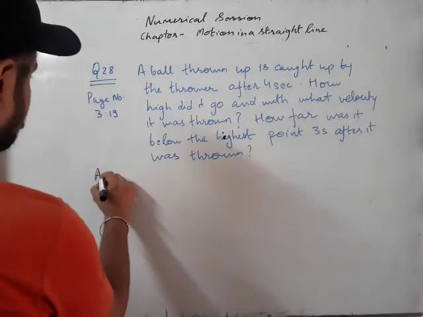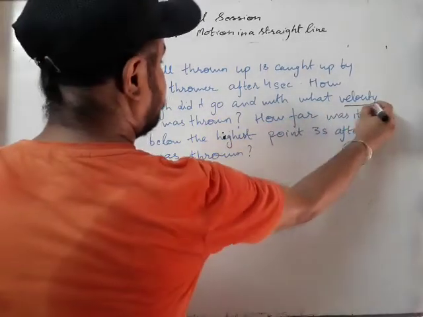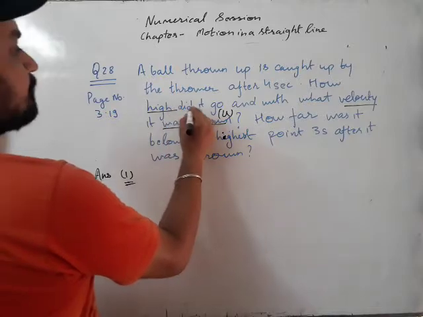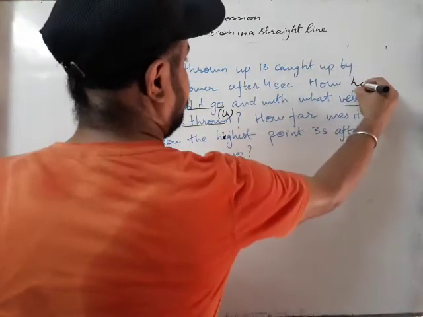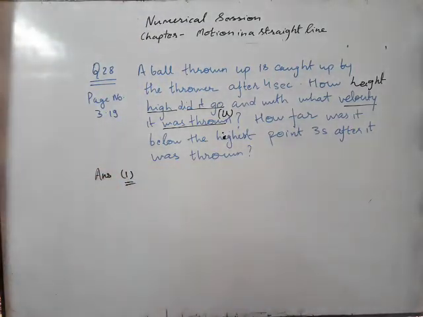For the first part, we need to find out the velocity with which it is thrown. That is the initial velocity we have to find, and the height up to which it goes. Two things, initial velocity and height, we have to find out for this particular question.